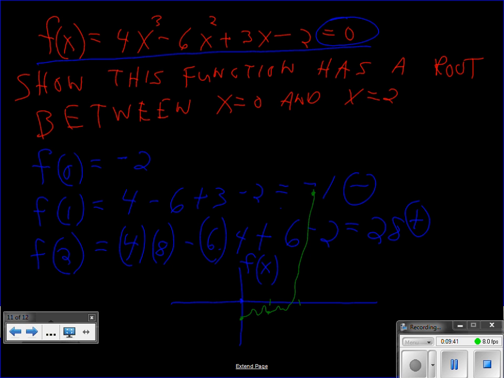But at some point, it has to cross, okay? It has to hit 0. So there has to be an x. Actually, in this case, there has to be an x between 1 and 2 such that f at x is equal to 0.